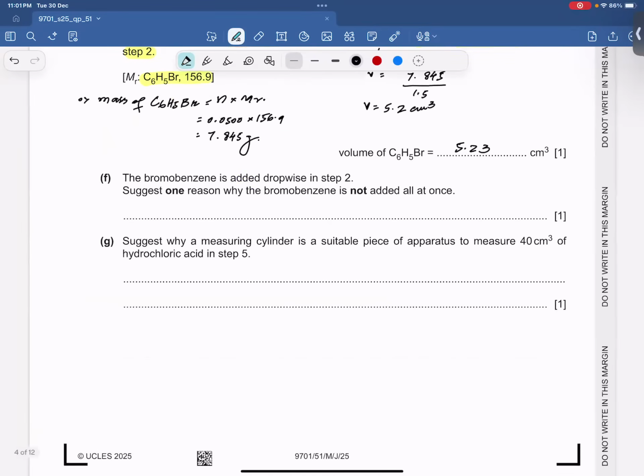The bromobenzene is added dropwise in step 2. Suggest one reason why bromobenzene is added dropwise. So dropwise to prevent violent exothermic reaction, or to prevent overheating.